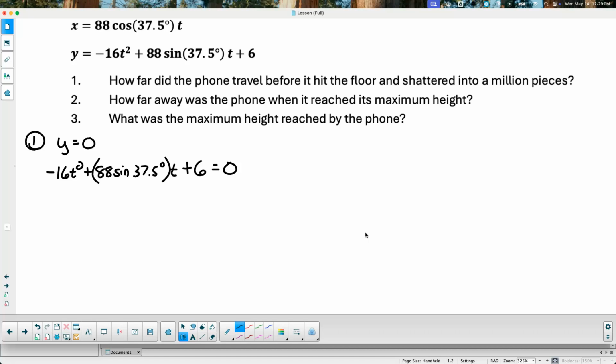What's the tool that we have? Because it's definitely not factorable because there's a sine or a cosine in it.